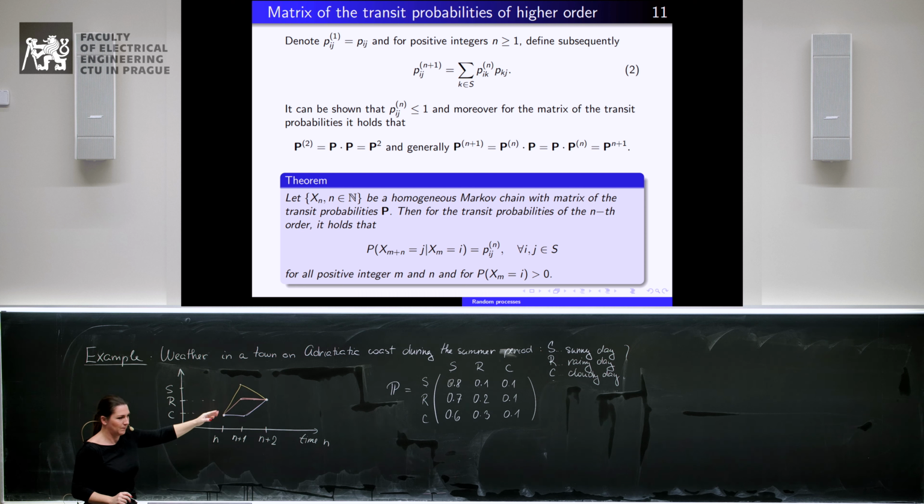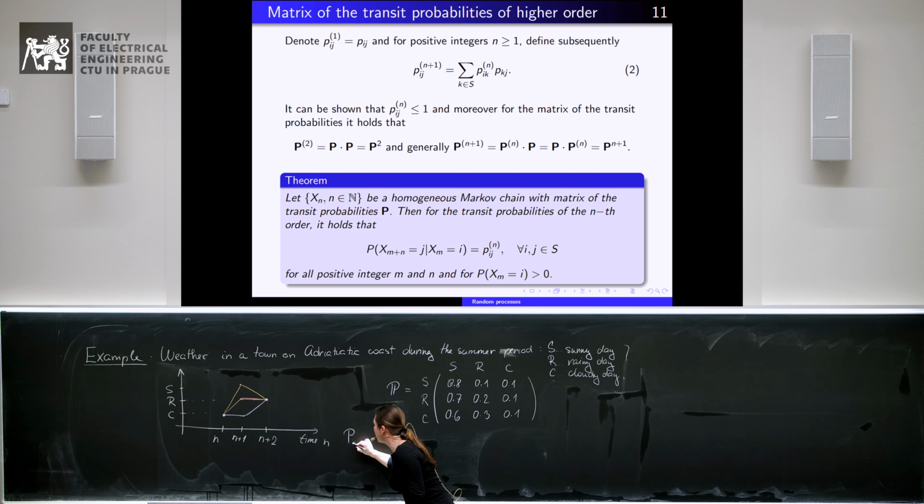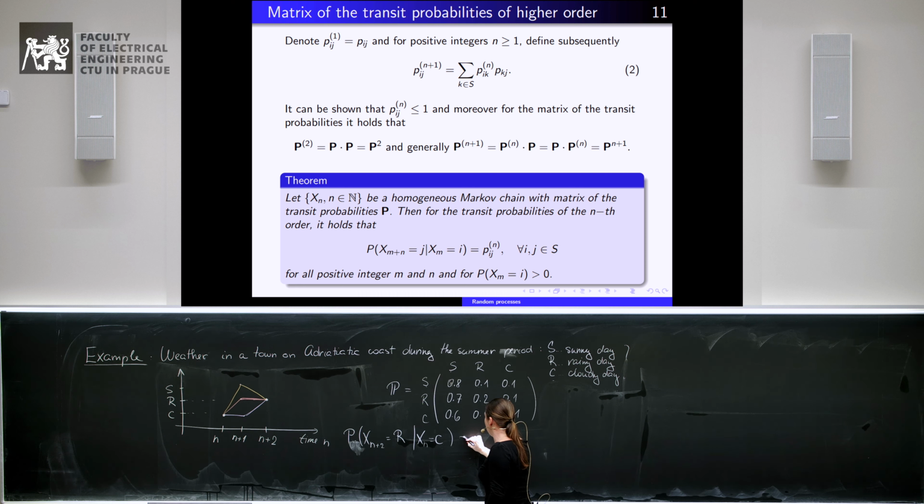So the probability that we will get from the cloudy day today to the rainy day in 2 days is the probability that we go from cloudy day to cloudy day times the probability that we go from cloudy day to rainy day.